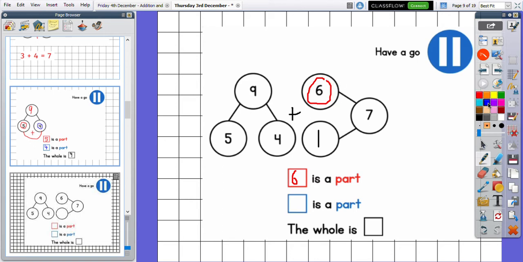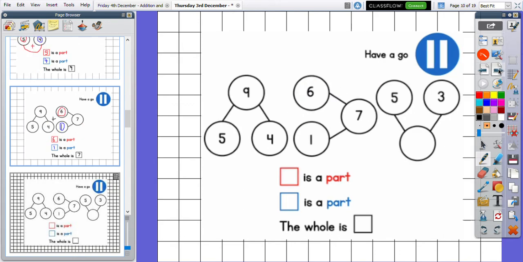My other part is going to be here, which is 1, because 6 add 1. And then my whole number is going to be 7, because 6 add 1 equals 7. Fantastic.